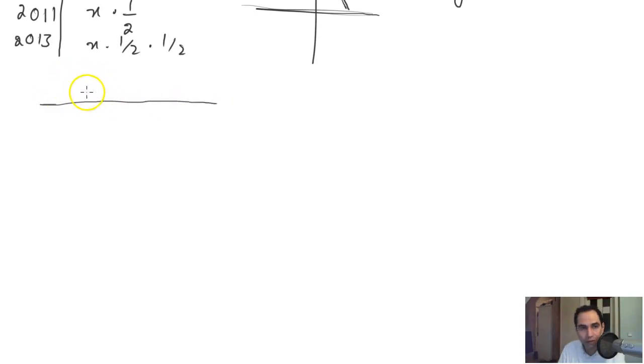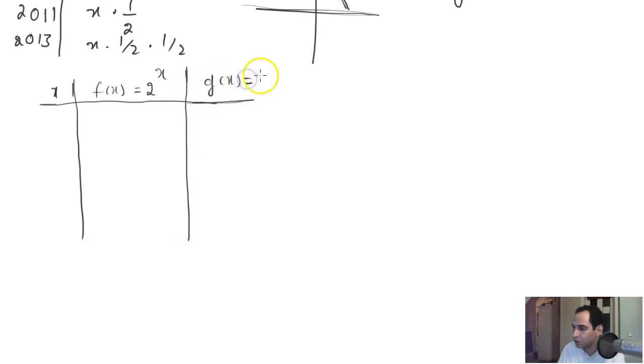So this is your x, and this is your f of x, which is equal to 2 raised to the power x. So this is an exponential function, and you have another function g of x, which is equal to 2 times x, or 2x.